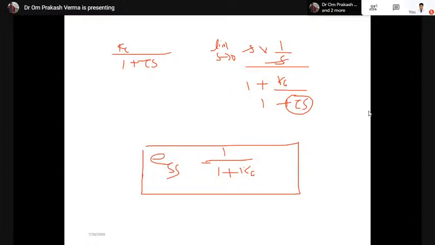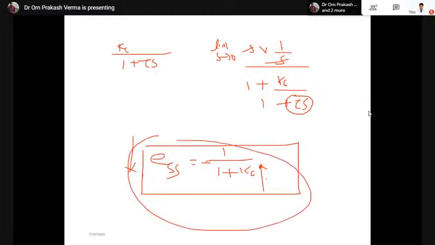So how is it reduced? For a high value of gain, the steady state error will reduce.